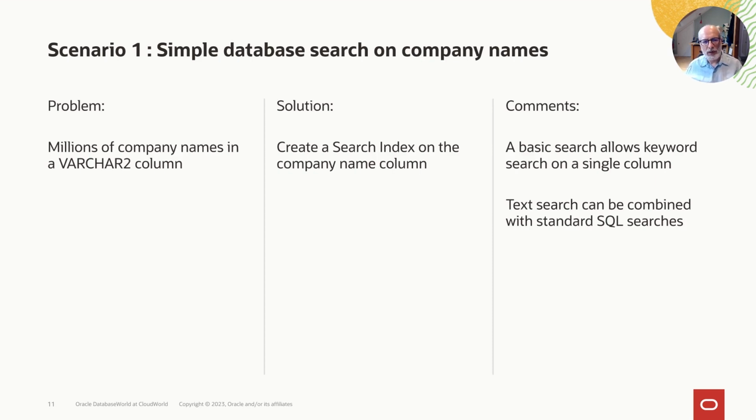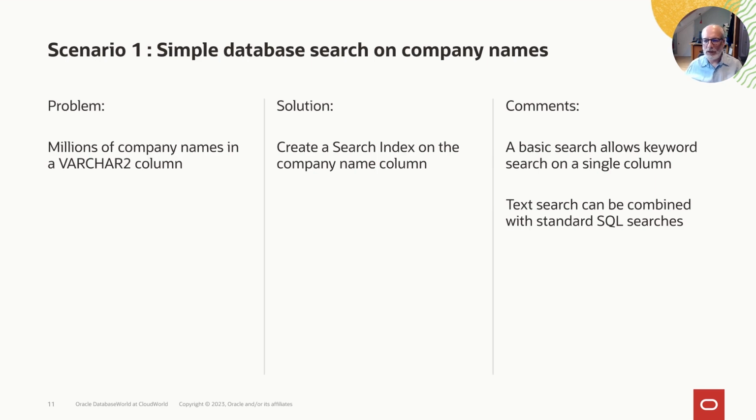So the problem scenario is that we have a database of company contacts, and there are millions of company names in there in a varchar2 column. So we're talking about a fairly short piece of text, but we want to be able to search that for words within the text. So the solution to that is simply to create a search index on the company name column of the database. And that will allow us to do keyword searching for particular words within a company name.